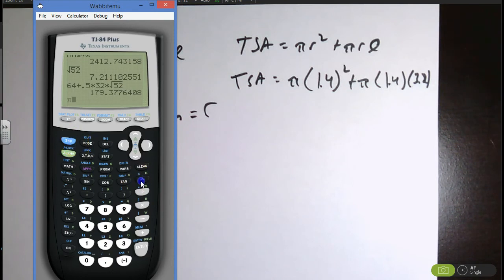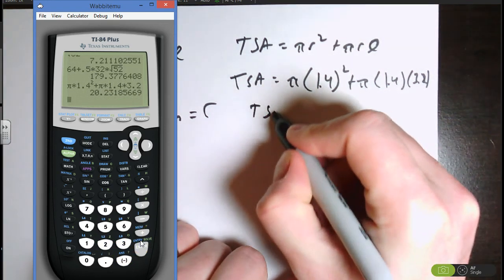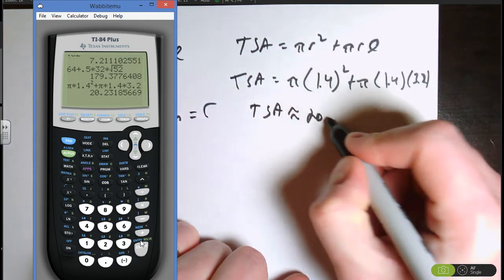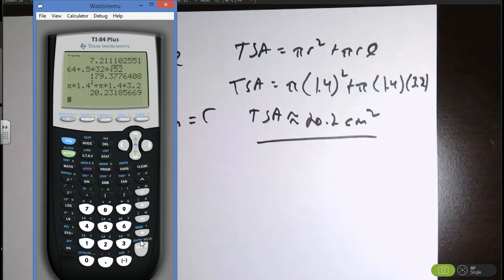So pi times 1.4 squared plus pi times 1.4 times 3.2, which is 20.2. And it was centimeters squared.